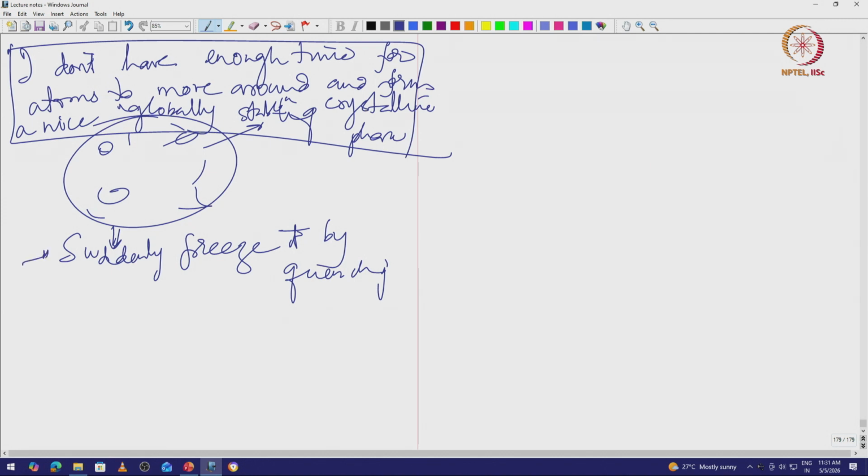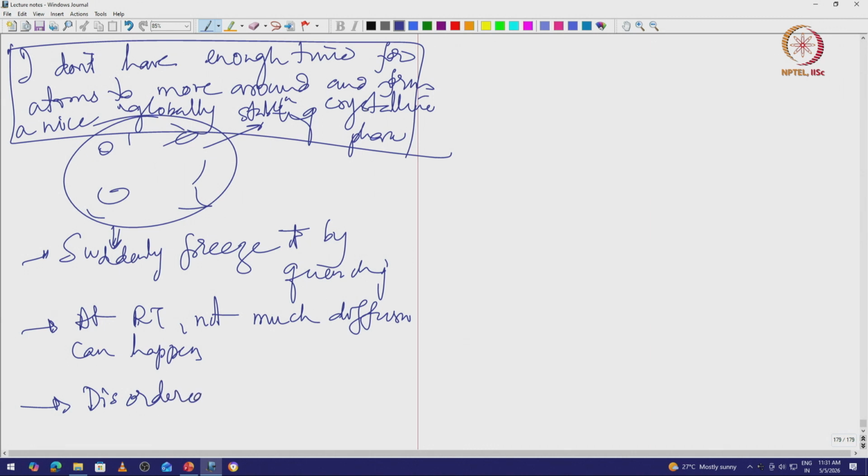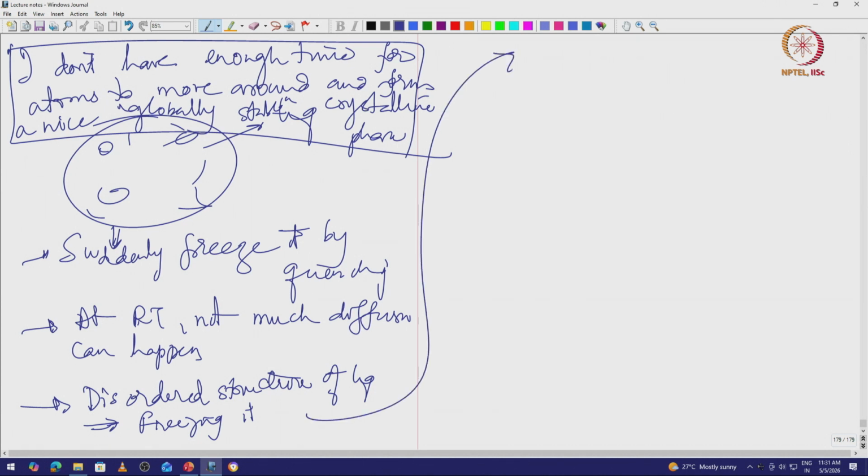So once I remove the pulse, before the material could realize, it has been frozen to room temperature, and at room temperature not much diffusion can happen. So, in some sense I am taking the disordered structure of liquid and freezing it. So, what do I get? I get a disordered solid. The viscosity increases suddenly.